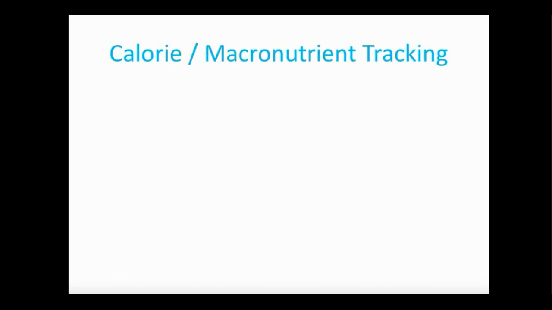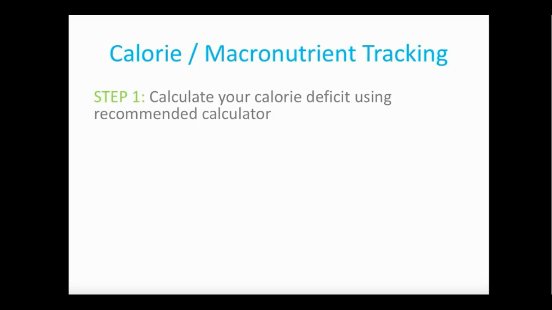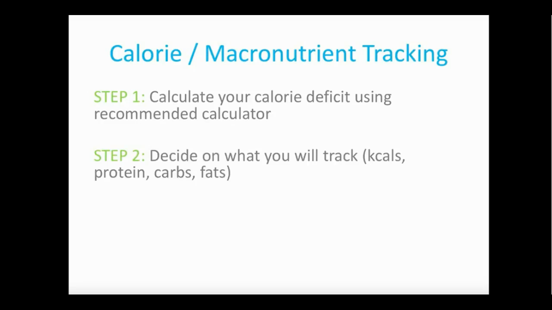And from there it takes me then nicely onto calorie macronutrient tracking, also known as flexible dieting. So we've got step 1, you can calculate your calorie deficit using a recommended calculator. Directly underneath this video there's going to be another link to another video asking you to input where you're going to get the breakdown from and a little bit more information. So then it takes us on to step 2, which once you've got that number you can decide on what you will track: calories, protein, carbs, fats.